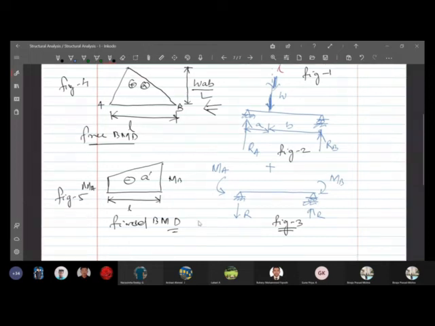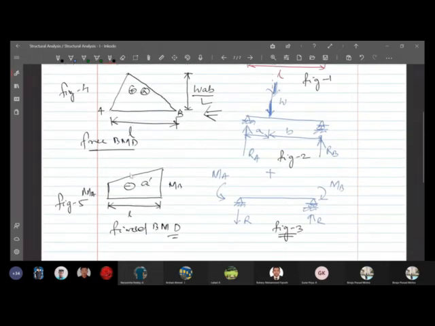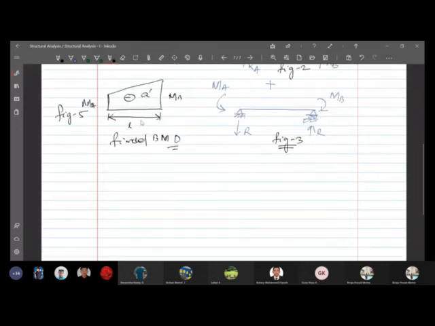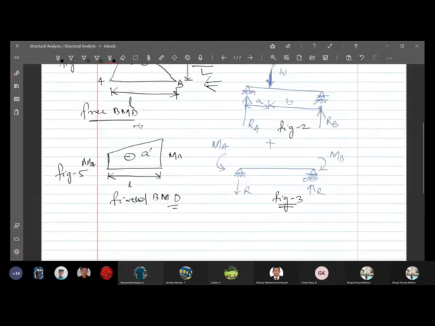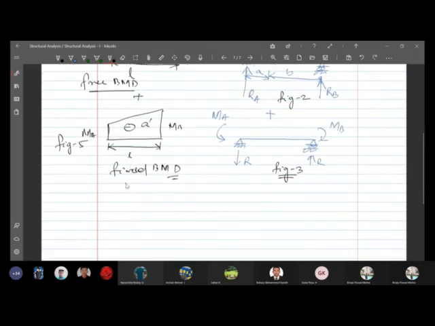Now if I combine these two bending moment diagrams, what will be my resultant bending moment diagram? I'm making a plus sign. Let me change the ink for that. My combined bending moment diagram will look somewhat like this. This is for MA, this is for MB.